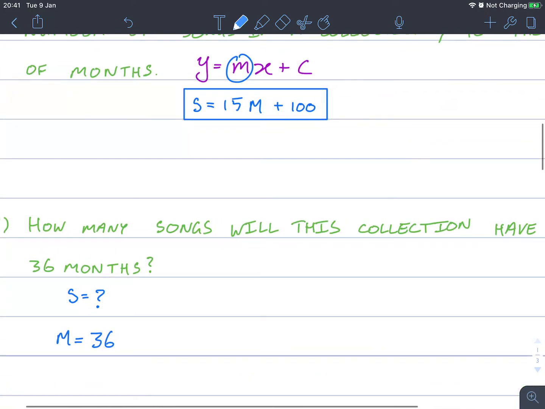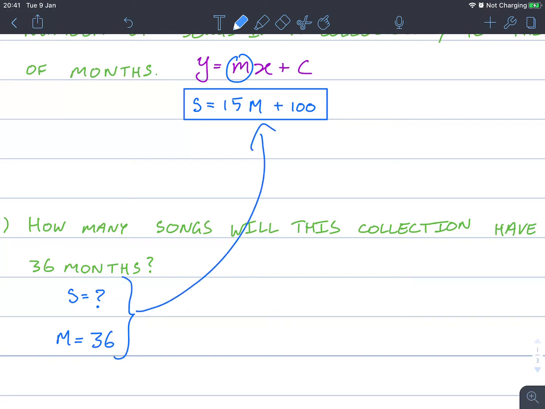Well, now it's just a matter of substituting these values into the linear relationship we've just calculated. Well, S we don't know, so I'm going to leave that as S is equal to 15 times, well, months we're being told is 36, plus 100.